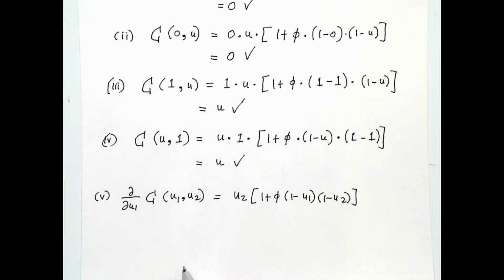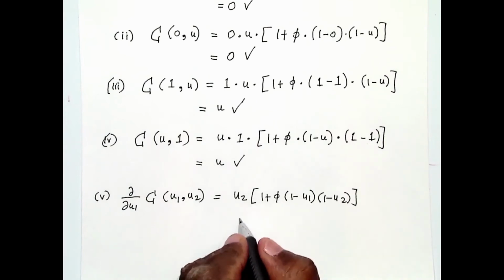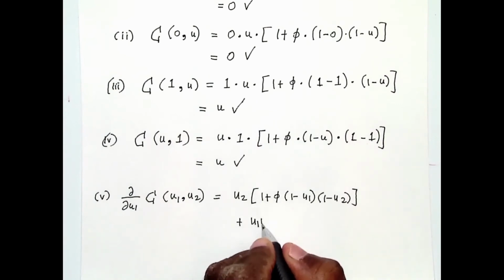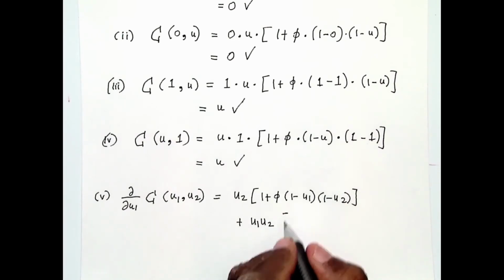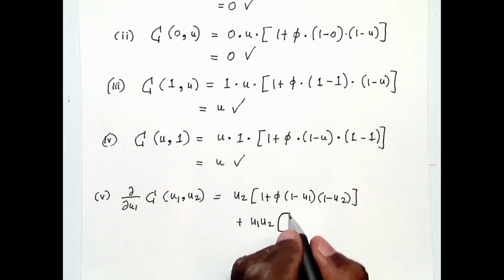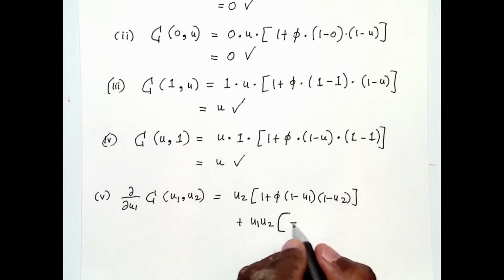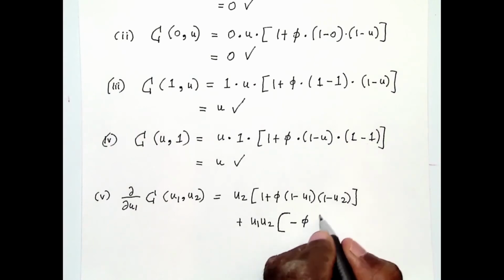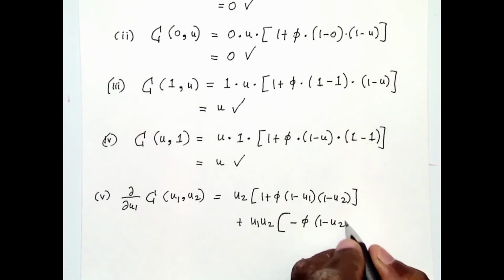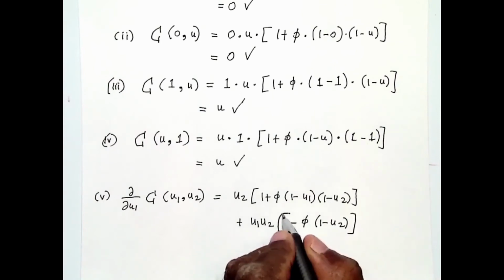And the second term is going to be minus phi, and this is a bracket.